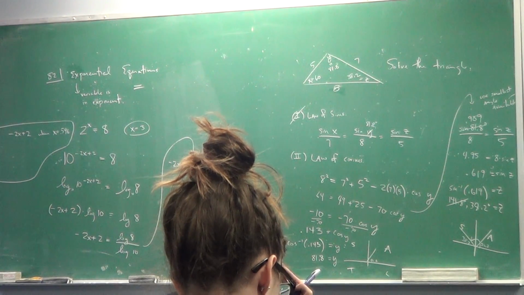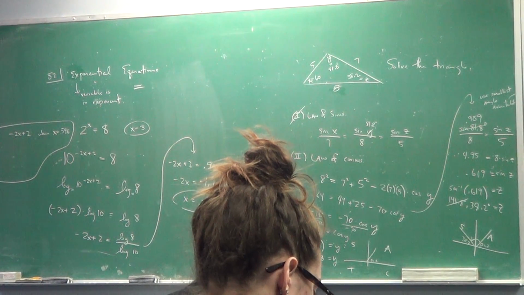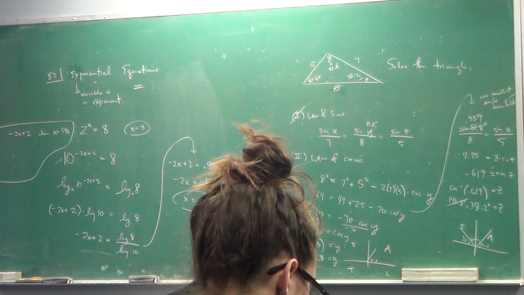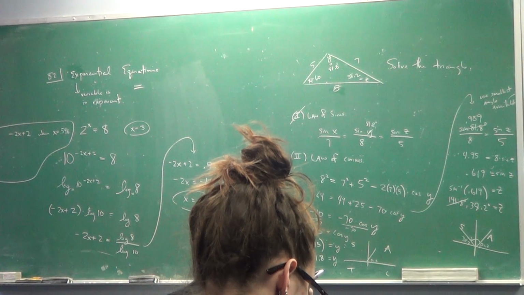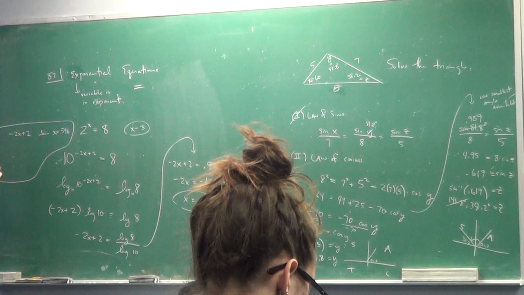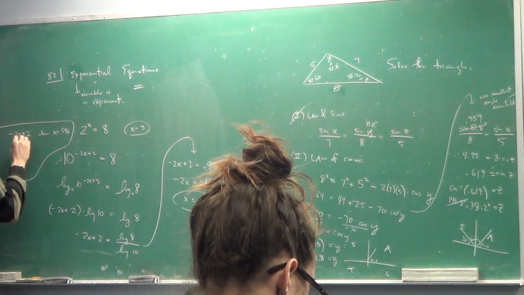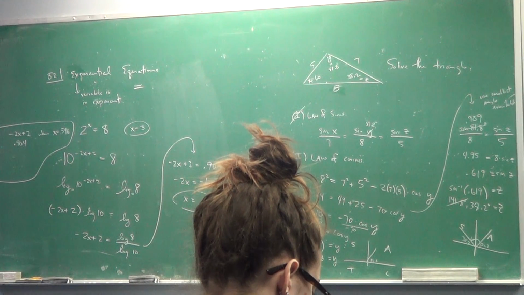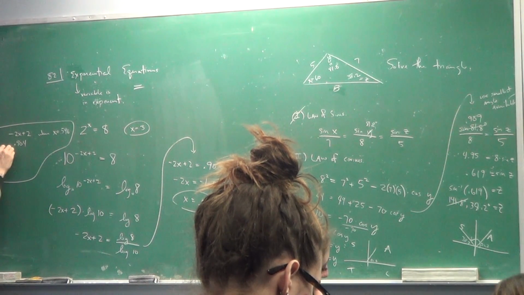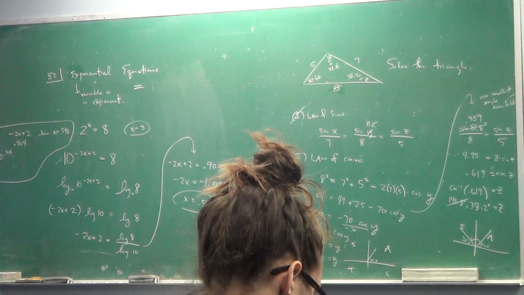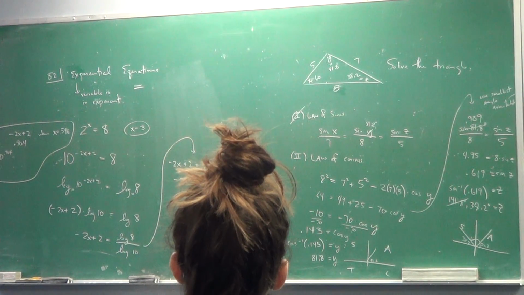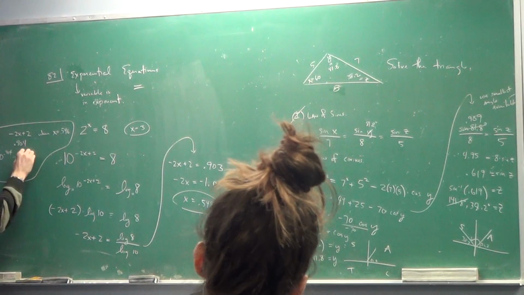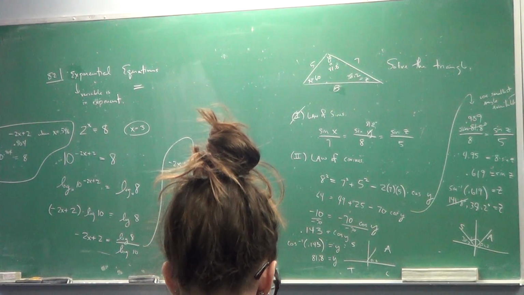You're going to get negative 2 times 0.548, plus 2 gives you 0.904. And that was the power that was on the 10. And if I take 10 and raise it to the 0.904 power, I get 8. How cool is that?